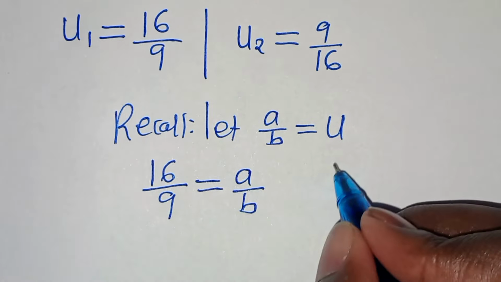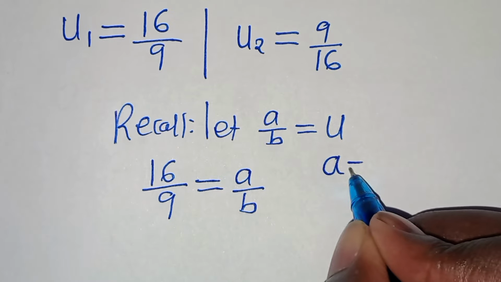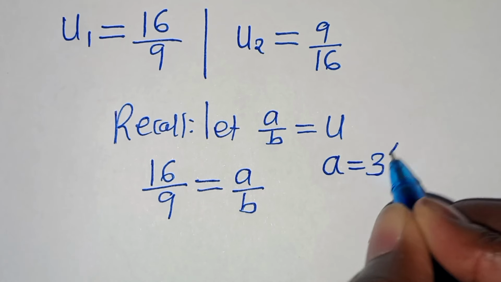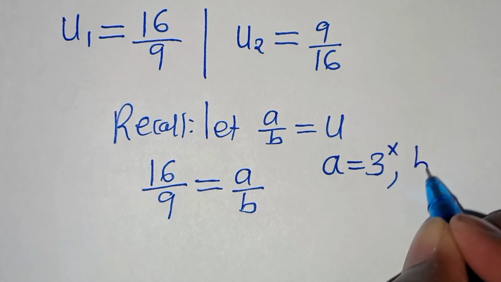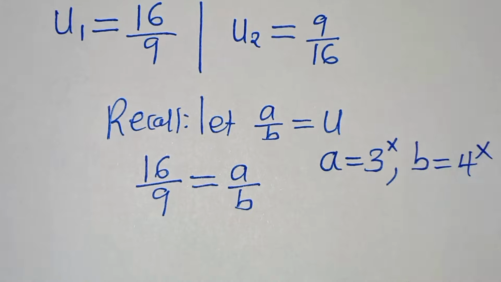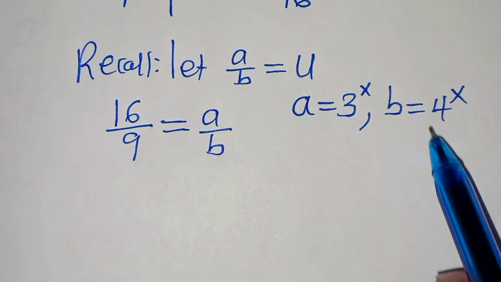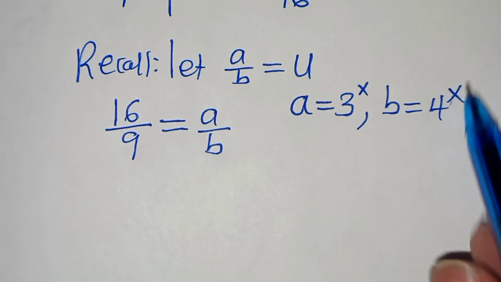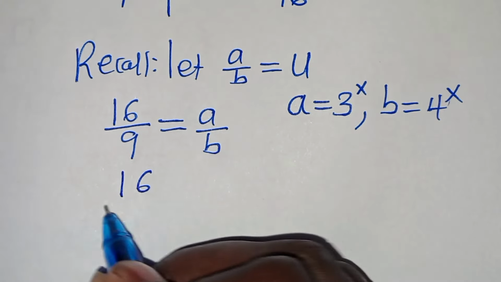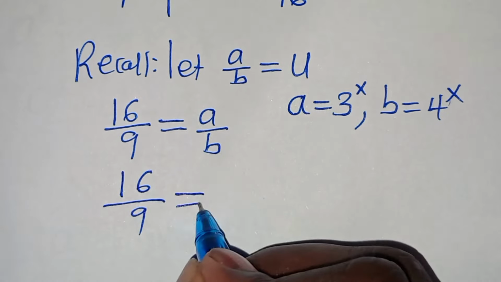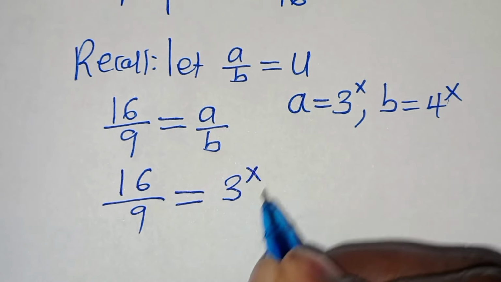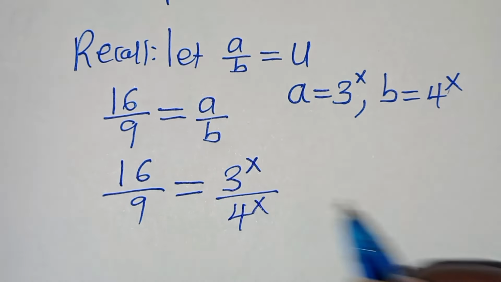And again, if you recall, we assumed that let a be equal to 3 to the power of x. And we have that b is equal to 4 to the power of x. Now let's substitute a with 3 to the power of x and b with 4 to the power of x. So we have 16 over 9 equal to 3 to the power of x divided by 4 to the power of x.